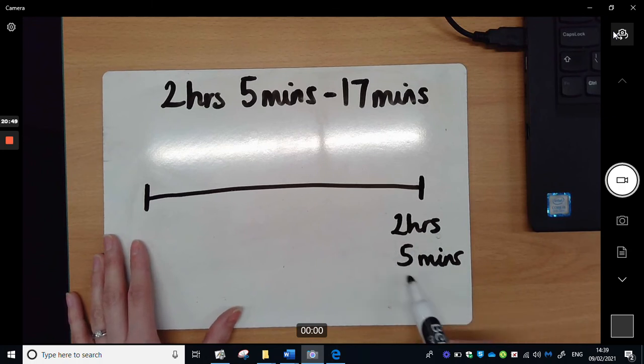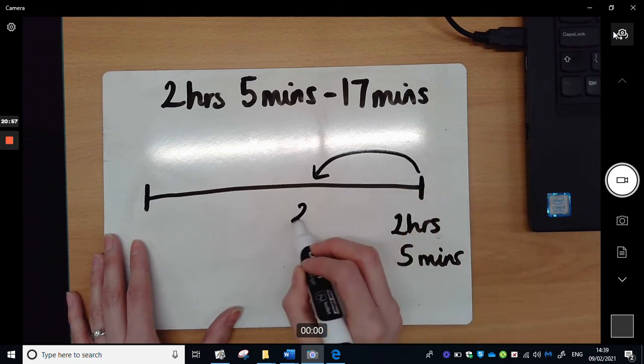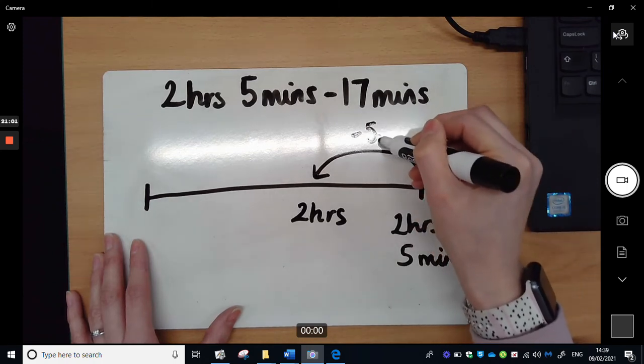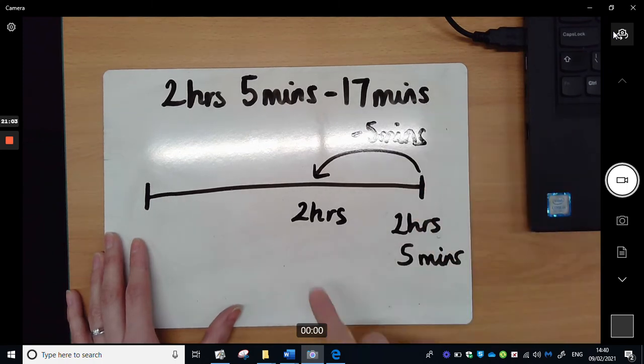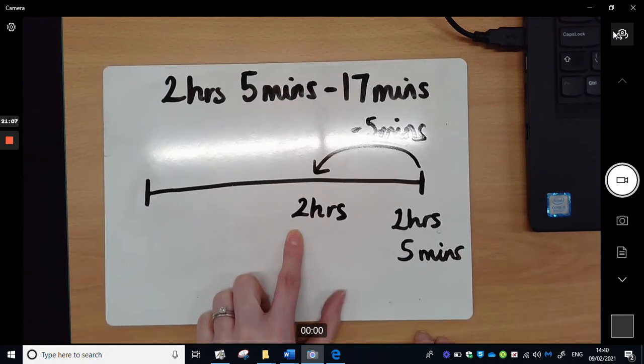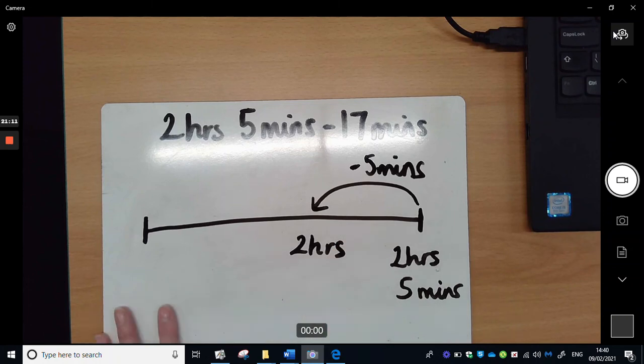So first of all, the best thing that I can do is go to the nearest hour because I'm 2 hours and 5 minutes. If I go backwards to 2 hours, I've only taken away 5 minutes there. But now I've got a nice easier number to help me work out the answer. So hopefully we can see that nice and clearly. So 5 minutes has already been taken away.